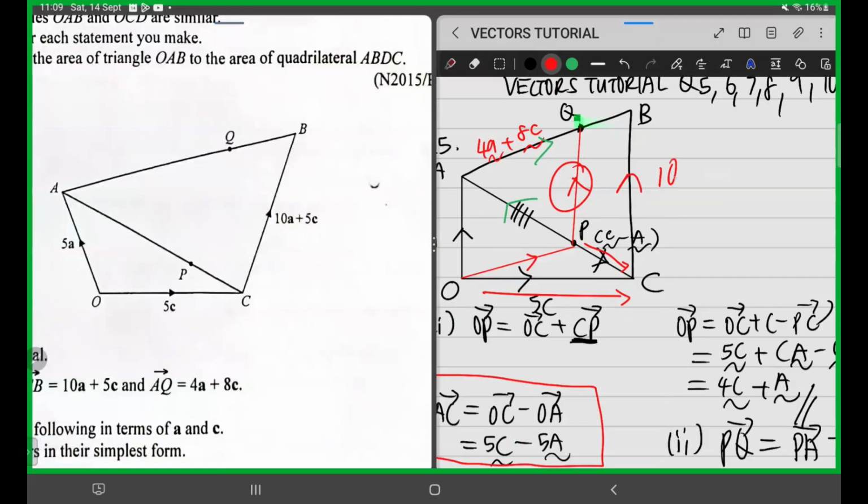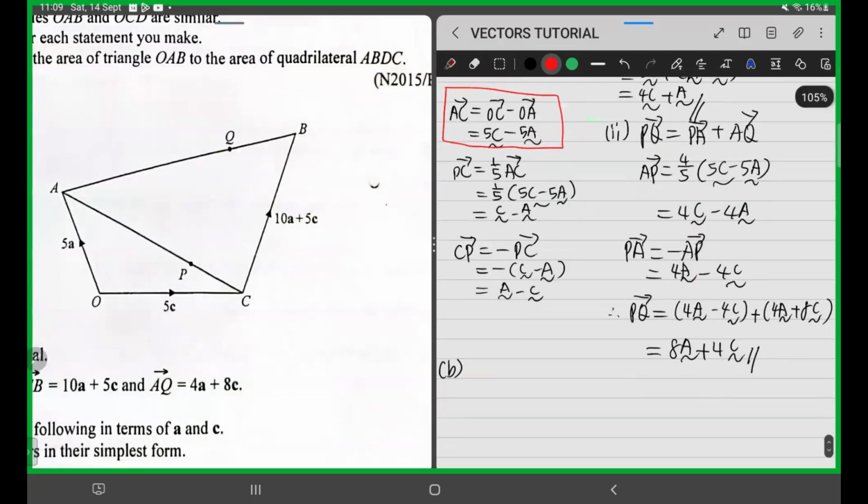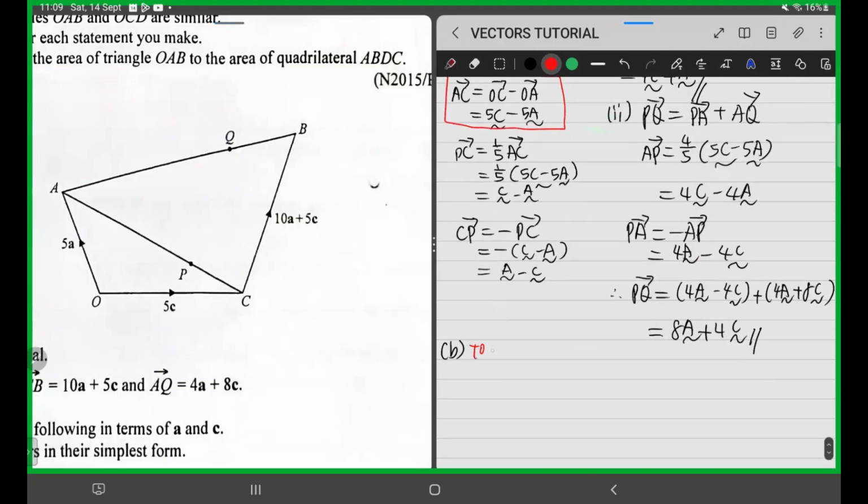Right here is 10A plus 5C. So just note that to prove two vectors are parallel, we must always express them in terms of scalar multiples of each other. So as you can see, PQ is 8A plus 4C, right?